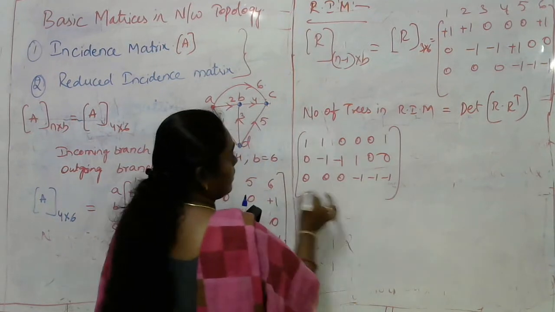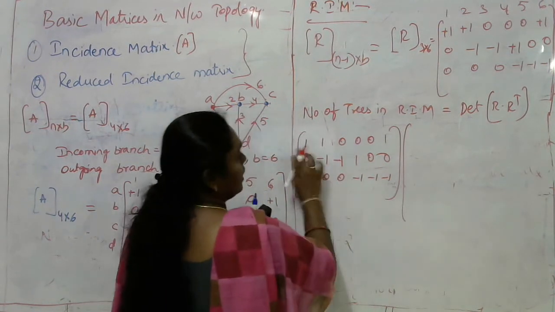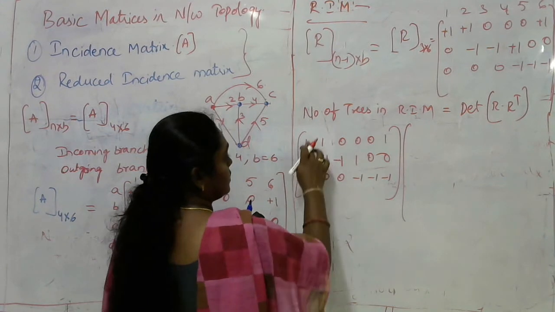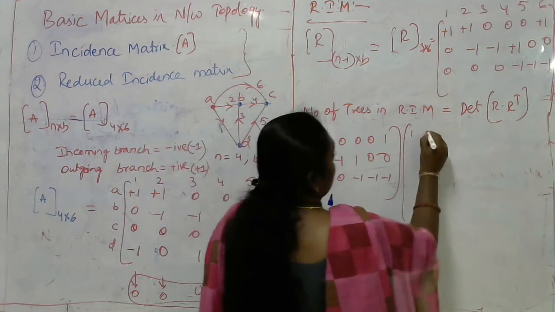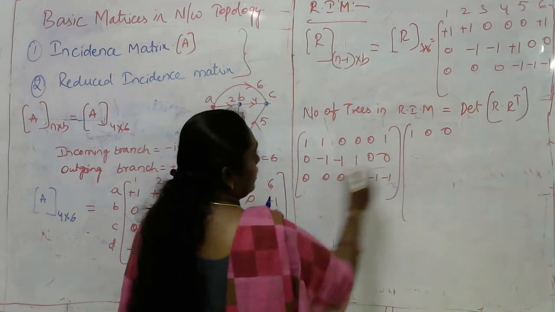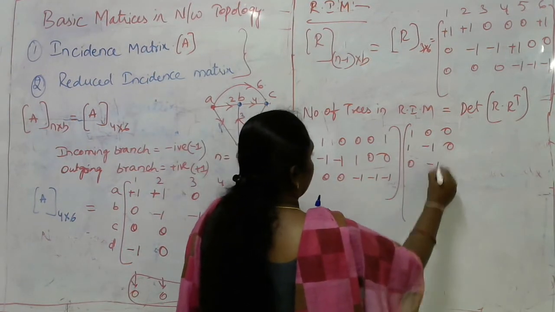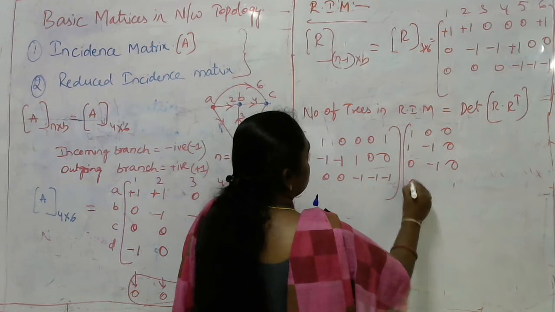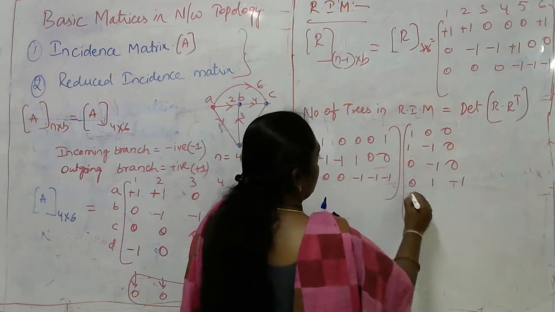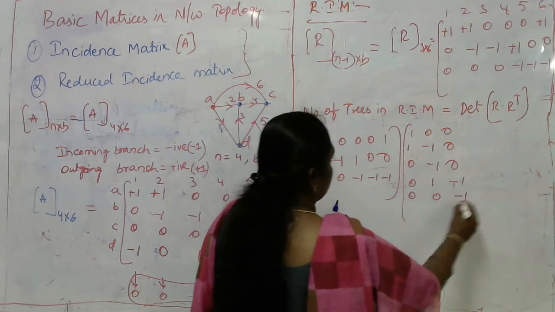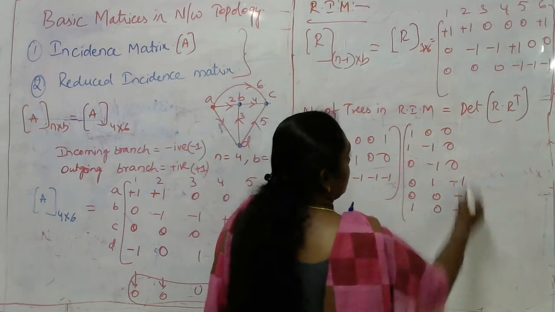This is R. And R transpose makes the rows into columns and columns into rows. The first column is 1, double 0, which is the first row. Then 1, minus 1, 0. Then 0, minus 1, 0. Third is 0, 1, minus 1. Fourth is 0, 0, minus 1. Fifth is 1, 0, minus 1.